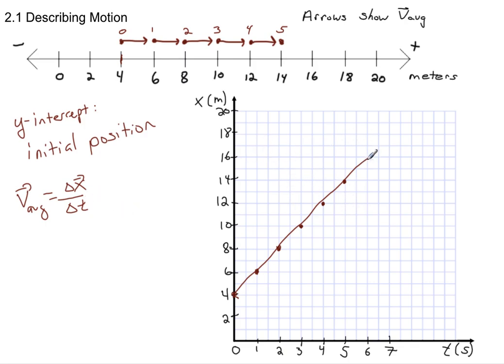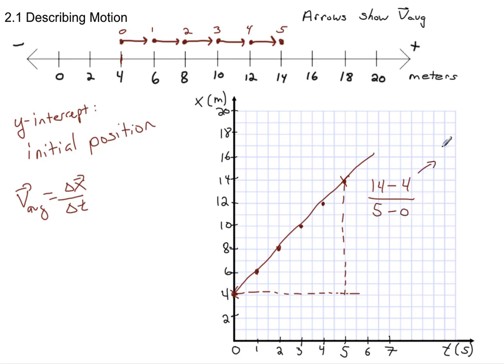If I try to find the slope of this graph from one time here maybe to one time over here, the rise over the run for this section, the rise is going to be a position of 14 minus a position of 4, over the run, which is 5 seconds minus 0 seconds.